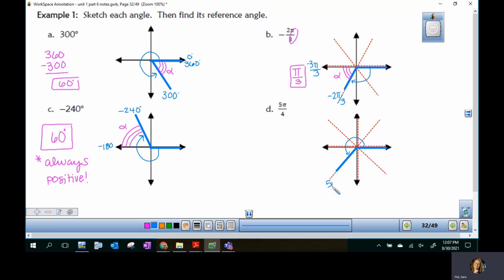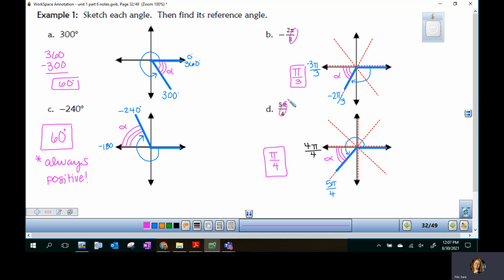So this is at 5 pi fourths, which if we think in terms of fourths, instead of pi, we can write that as 4 pi fourths. So the distance between those is what? 1 pi fourth.